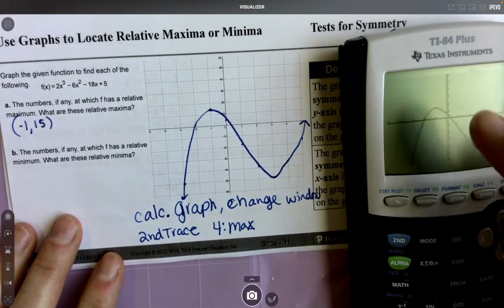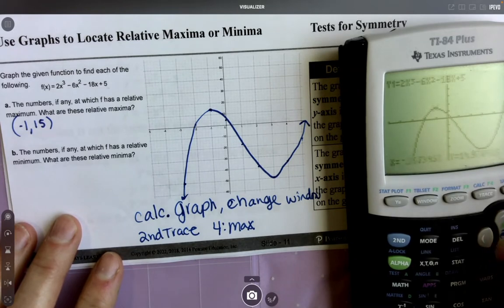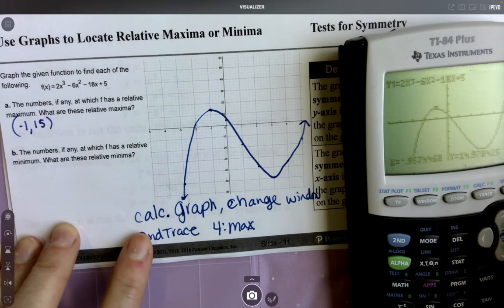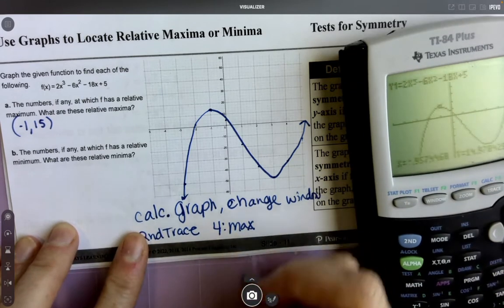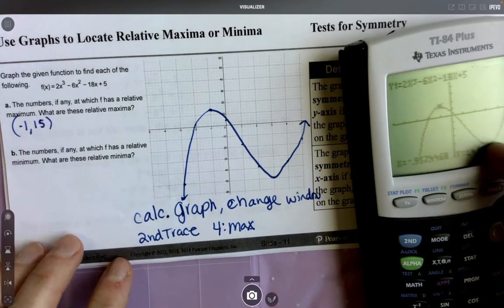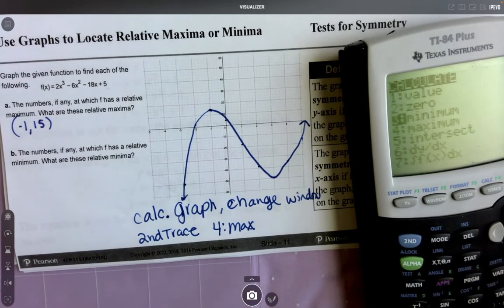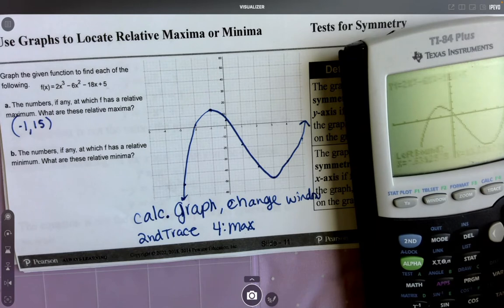Go back to the graph. You can hit trace. You can move it left and right, or you can do, like I said, the second trace, and you can do max, and then you can go back and do your minimum. Well, we know what that minimum is, but it'll show us anyway. So go minimum, and I'm going to take my little point and go down to the minimum, and then I want to go to the left of it.